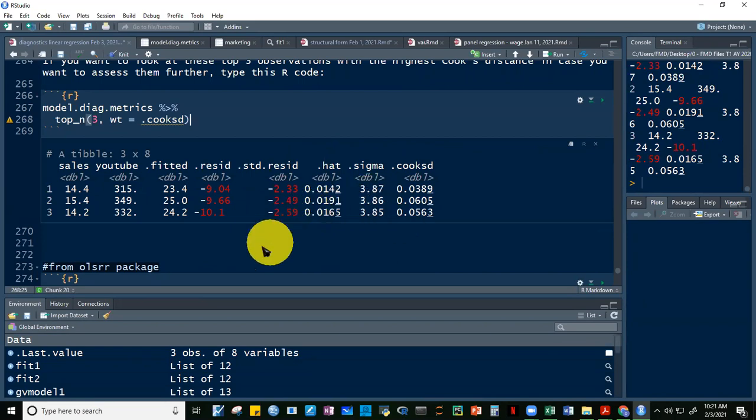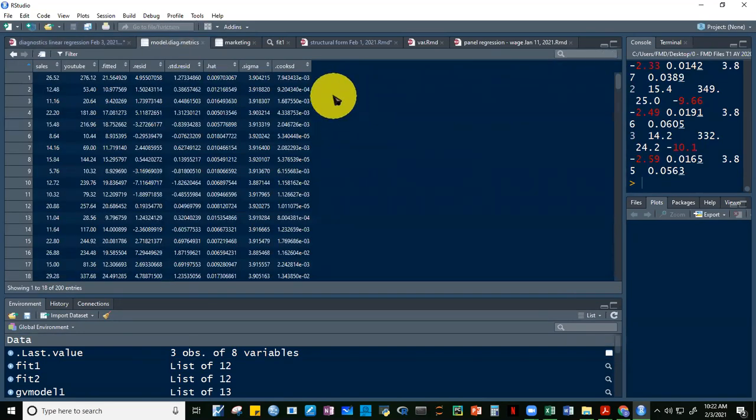So top 3 ng ano natin. Rinank ba niya? Hindi niya rinank, no? Okay. 0.309.